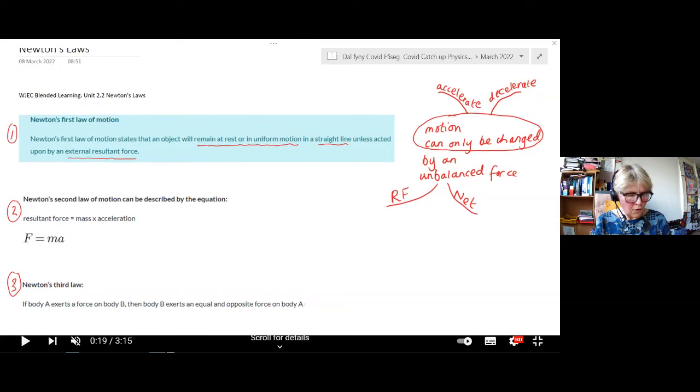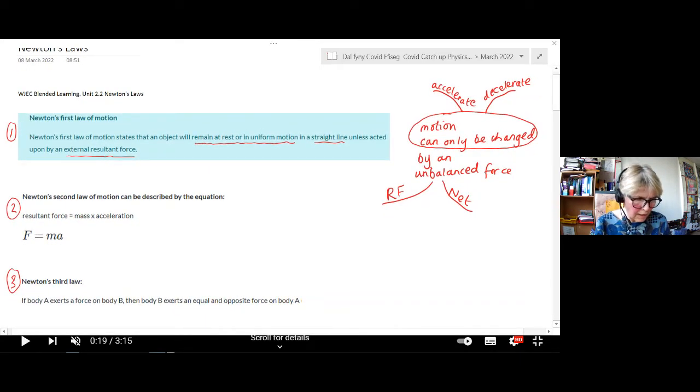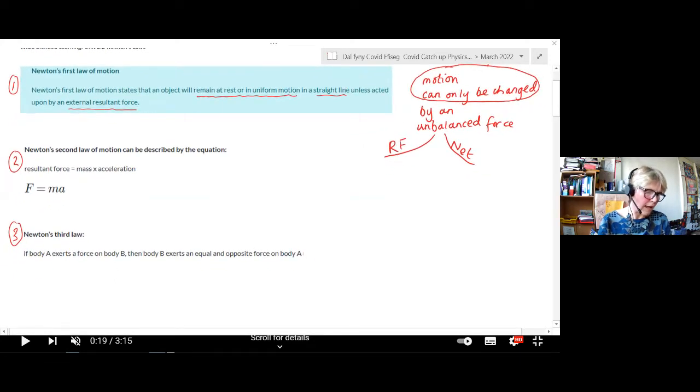So we'll show you a few examples where we can apply Newton's first law and Newton's second law. Newton's second law is quite simply F equals ma, but we must remember that that force, I'd say to my pupils, is RF equals ma, because it's the resultant force that produces a change in the motion. So Newton's first law is really, in words, what the second law is in an equation.